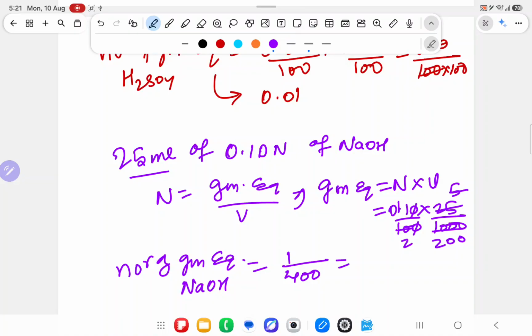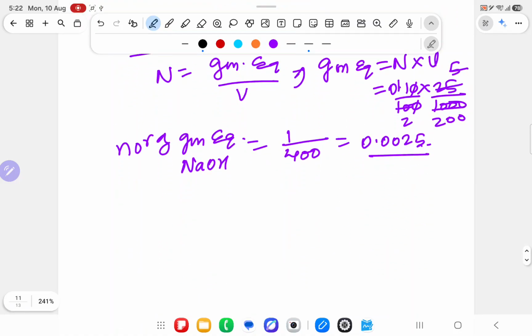If you divide 1 by 400, approximately you will get 0.0025. Now 0.01 is H2SO4, 0.0025 is NaOH. So after neutralization, what is left?